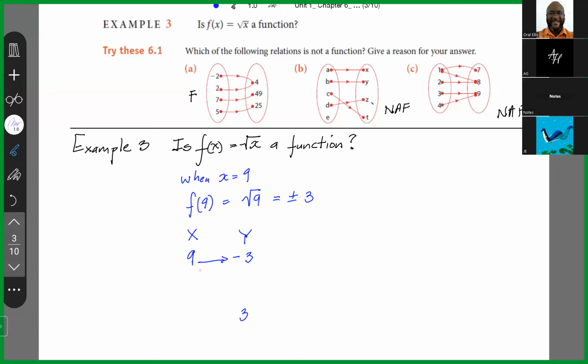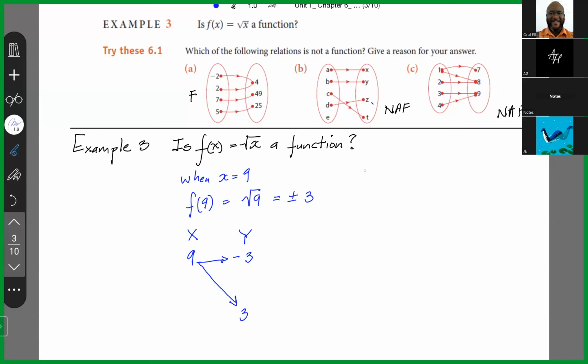Negative 3. And 9 would also be mapped to what? Positive 3. It would be mapped to negative 3 and positive 3. So 9 in the domain would be mapped to 2 elements in the codomain. Therefore, f of x is equal to the root of x is not a function. That's one way you could look at it.